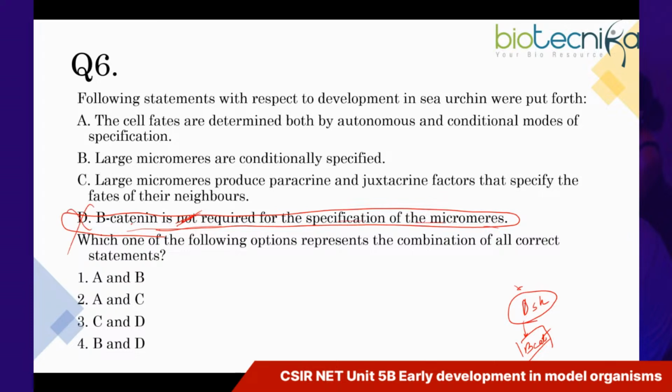So D is wrong, which means either of these two is correct. Anyway, A is correct, that cell fates are determined both by autonomous and conditional modes. Cell fates means all the cells which are present in the sea urchin. Now, we know that beta-catenin is required for specification of micromeres.